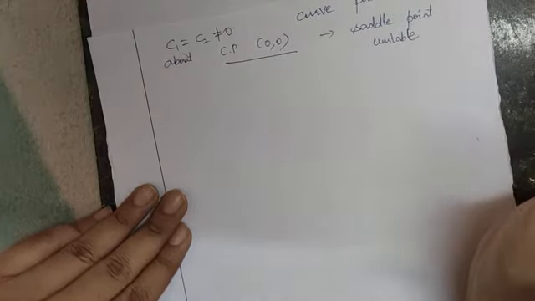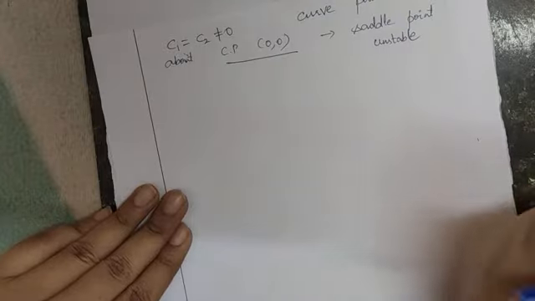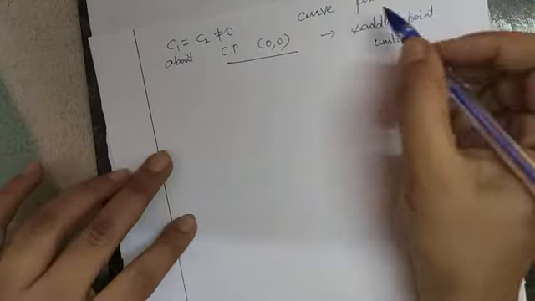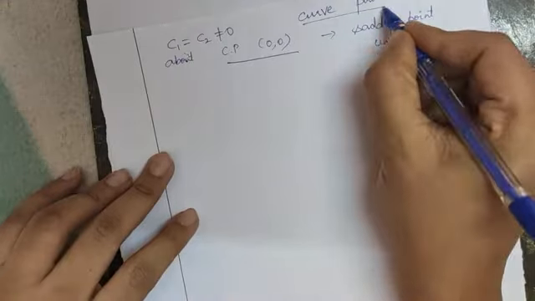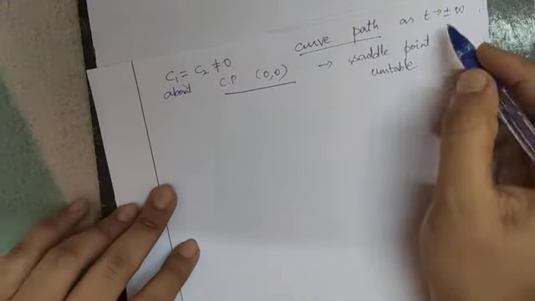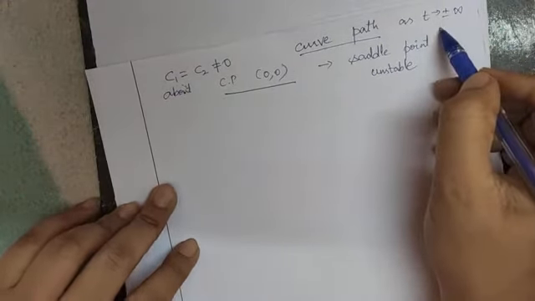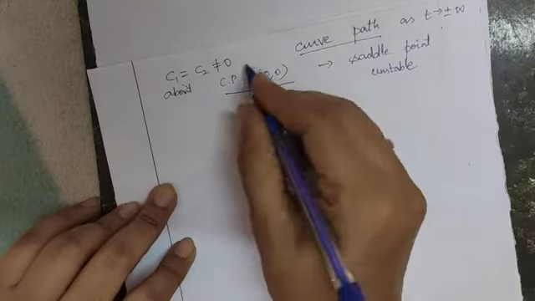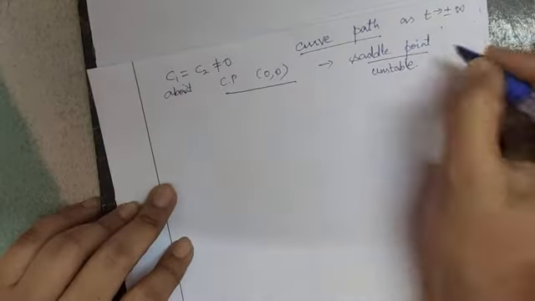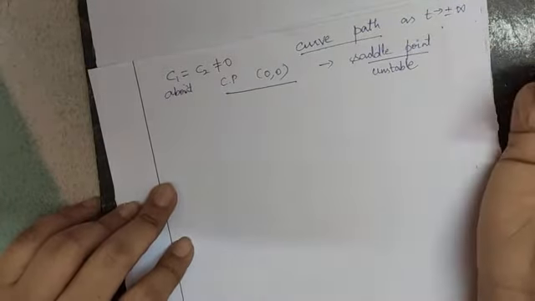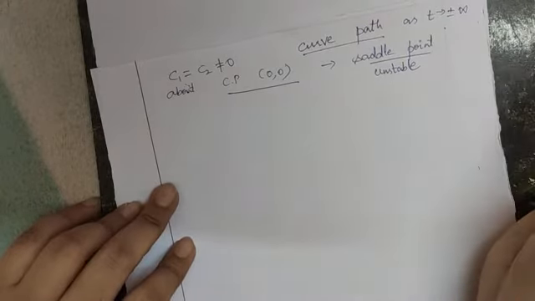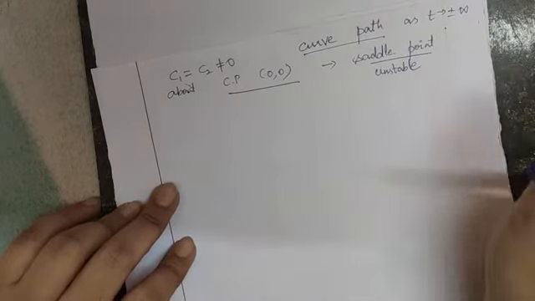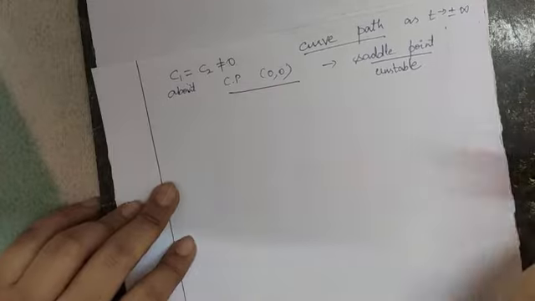When eigenvalues are real and distinct and of opposite sign, you will get a curved path which is nothing but a hyperbola as t tends to plus or minus infinity, and the critical point is called a saddle point, which is asymptotically unstable. That means the curve moves away from the origin.